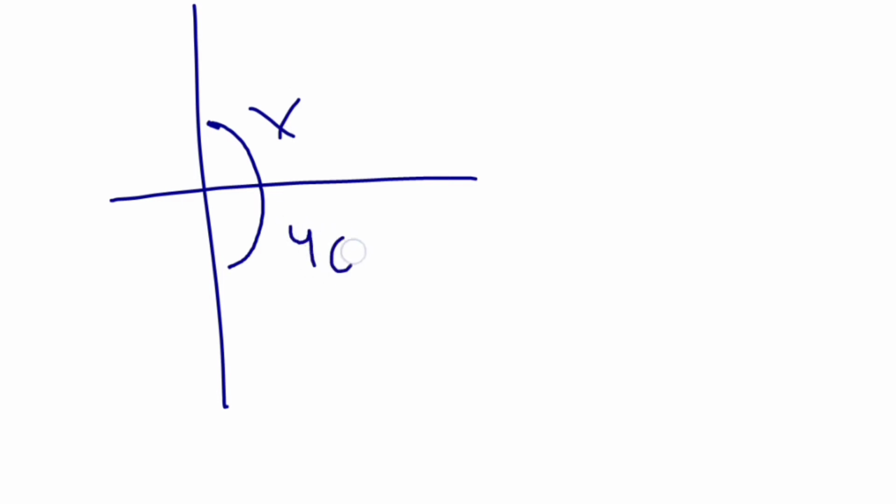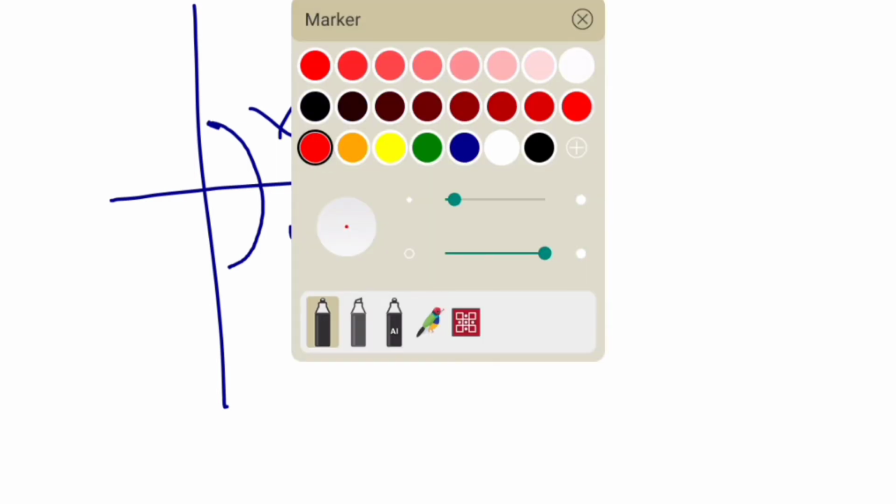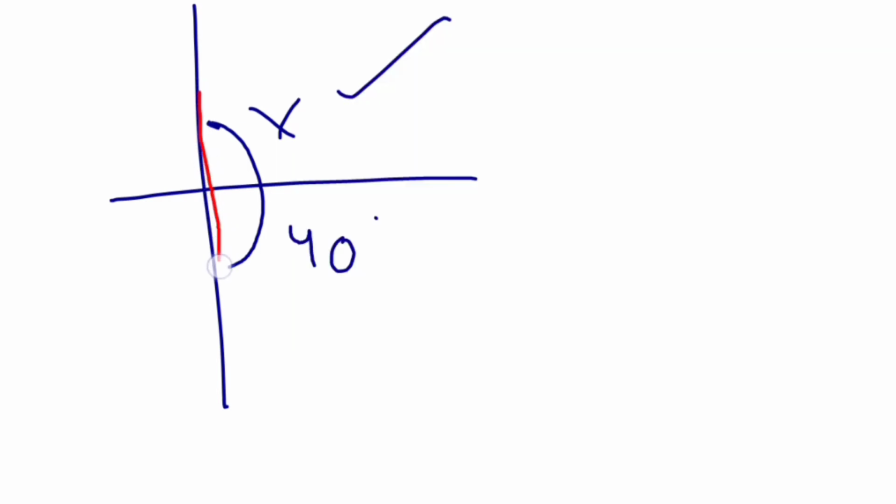Suppose you have a question like this. This is marked as x and this is given to you as 40 degrees, and your question is asking to find this x. Here you can clearly see that these two angles are on a straight line, as angles of a linear pair, and we know whenever a pair of angles is formed on a straight line, their sum is 180 degrees.